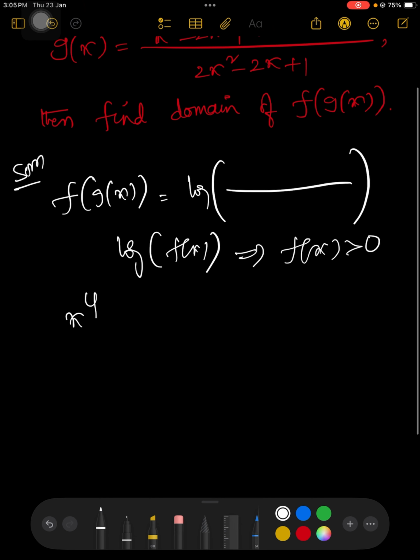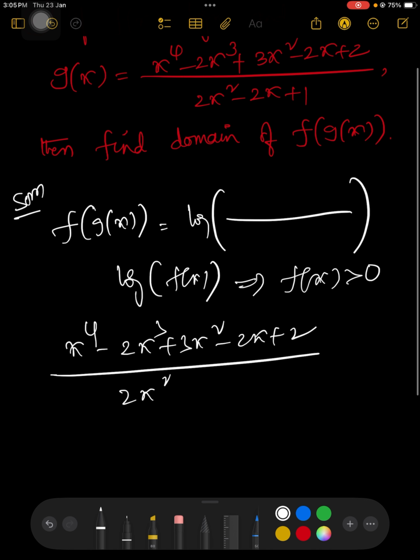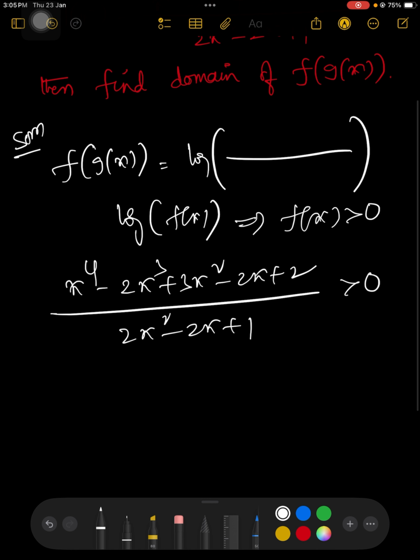So x power 4 minus 2x cube plus 3x square minus 2x plus 2, divided by 2x square minus 2x plus 1, we need to find where it will be greater than 0. Now coming to the denominator, it is a quadratic, 2x square minus 2x plus 1.